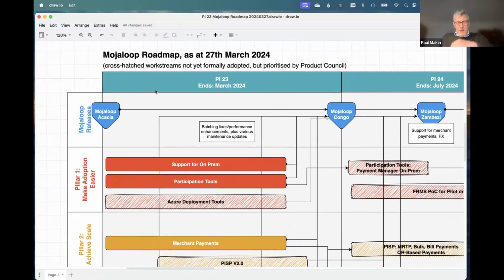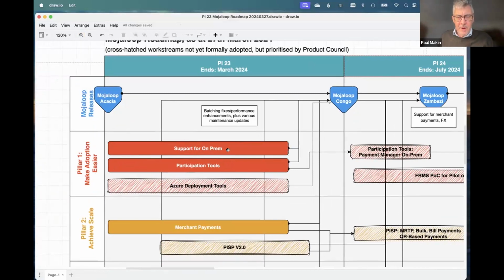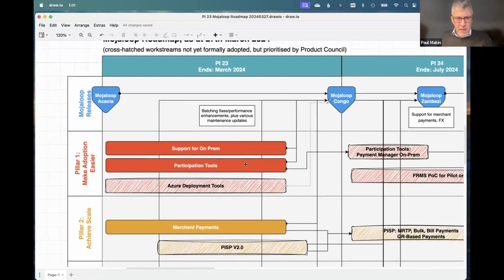Okay, good. So just talking about what we've done so far in pillar 1, there's been a huge amount of work, as you've heard, for on-premise. David Fry and James Bush have talked about that to a great degree.